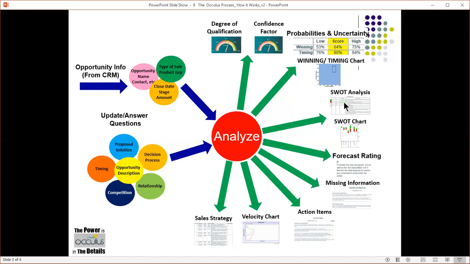The close date, and is it going to close by the stated close date, which he or she can get from the timing probabilities. What you're forecasting it as, which is available from Oculus, and really what your next steps are. Just enter your next steps, and your sales manager can see all that information, and it's effectively an automated deal review for the sales manager.